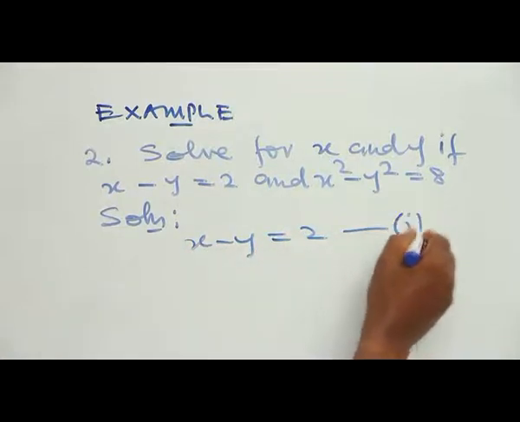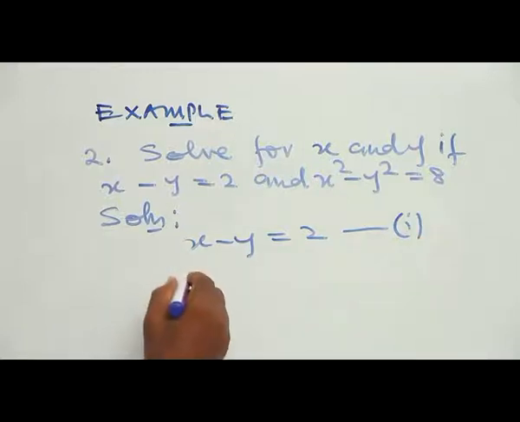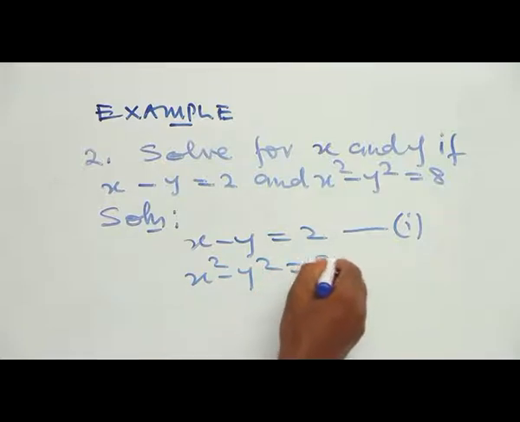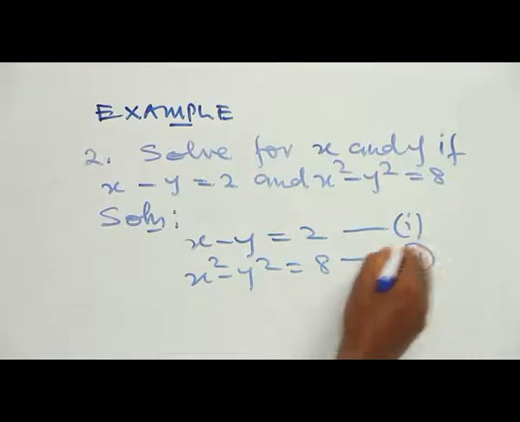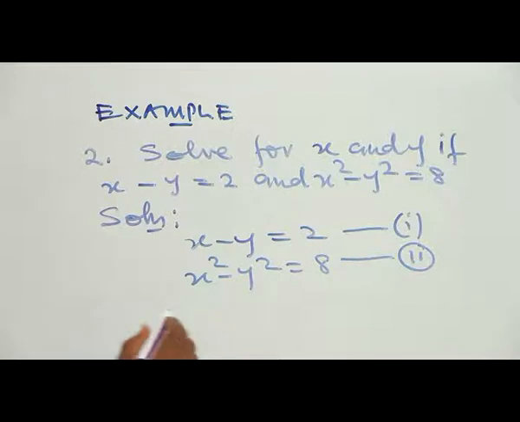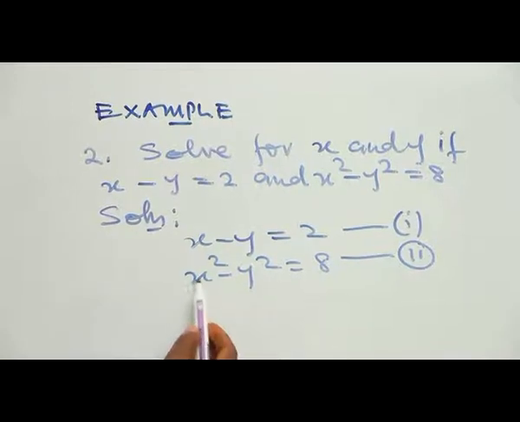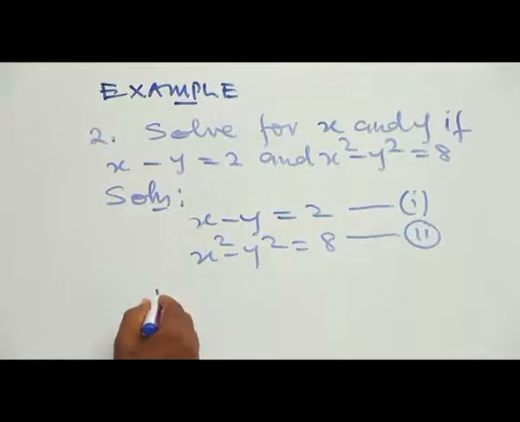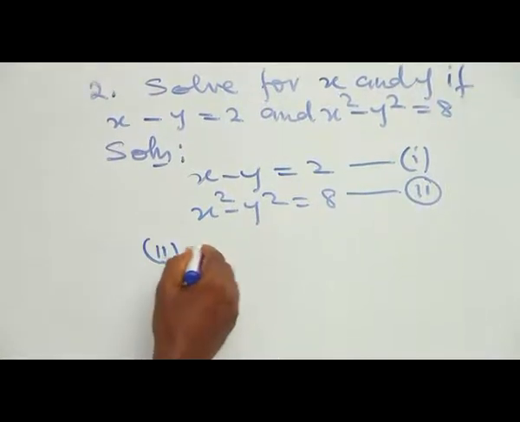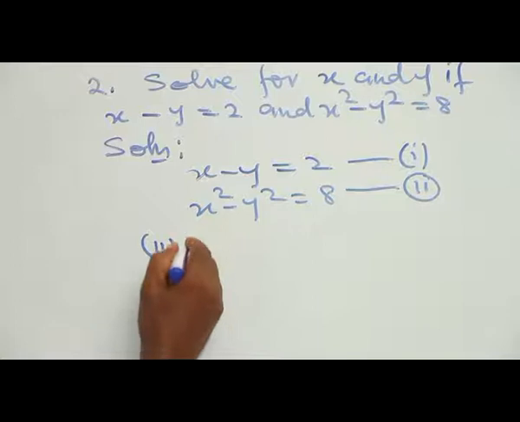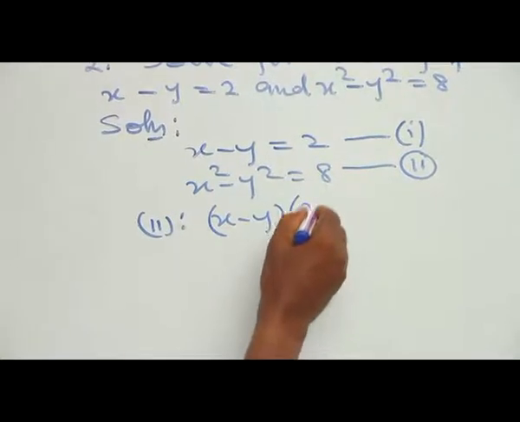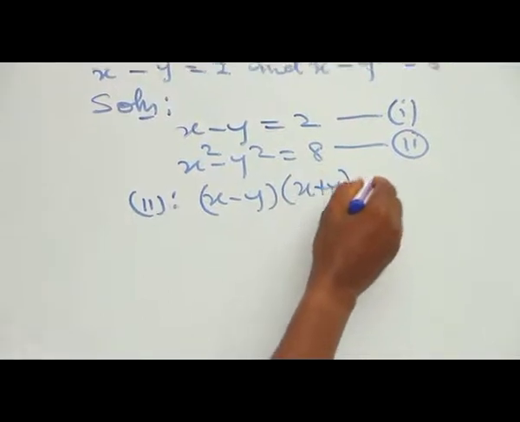Call this equation 1. You now also have s squared minus y squared is equal to 8. This is equation 2. You will observe that in equation 2, s squared minus y squared is a difference of 2 squares. Therefore, equation 2 becomes s minus y into s plus y equal to 8.